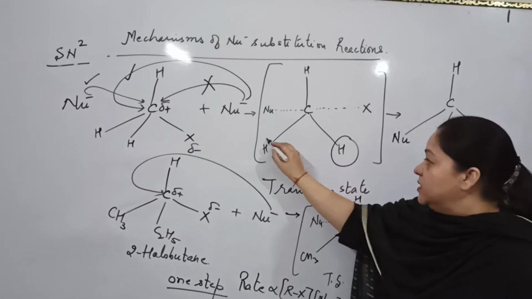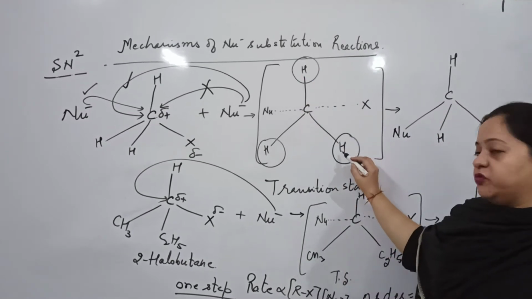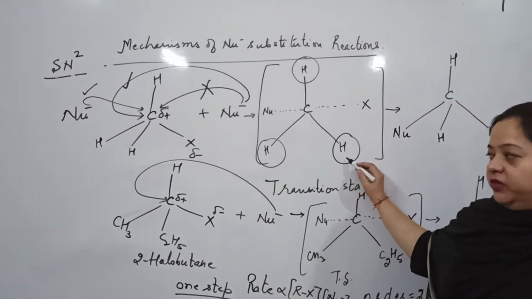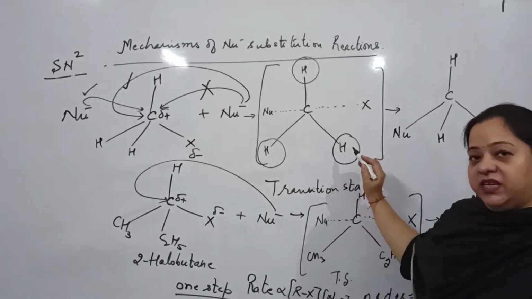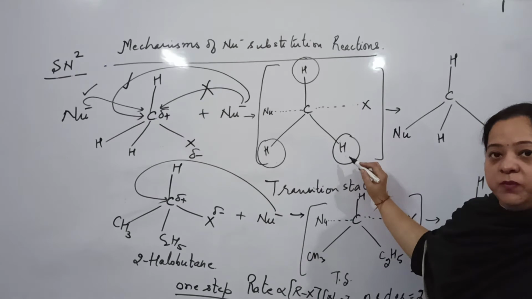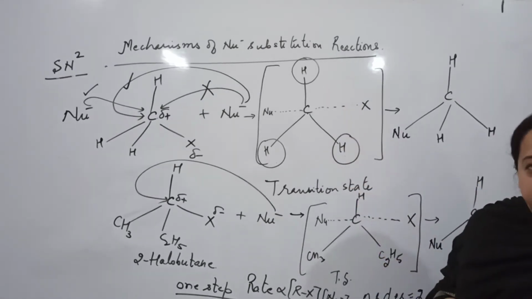If these groups become more and more bulky, hydrogen is replaced with methyl, or with ethyl, the second hydrogen is also replaced, as these groups become more and more bulky, the transition state becomes more and more unstable.